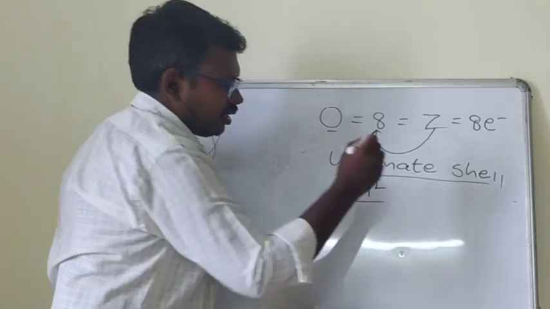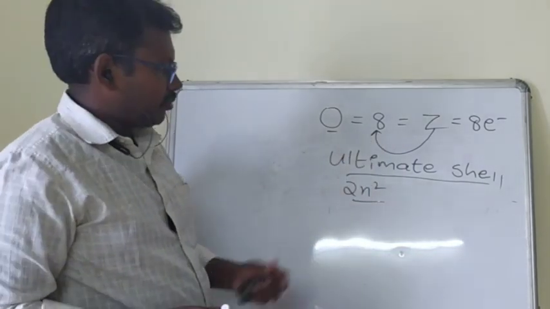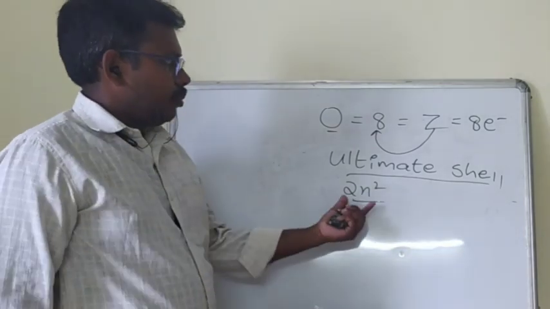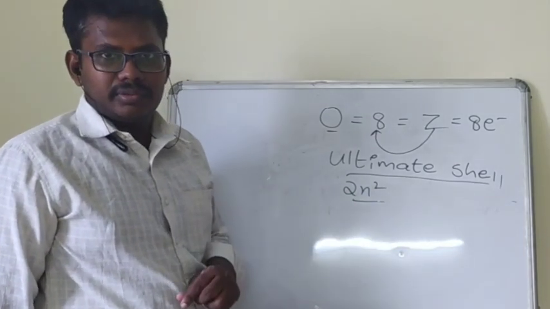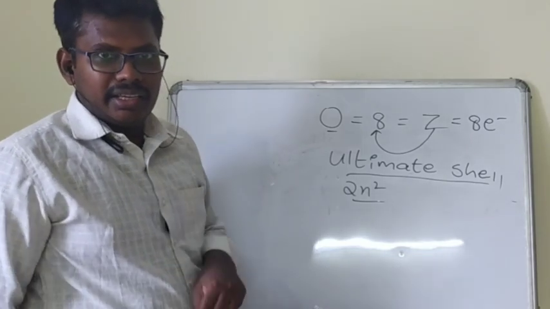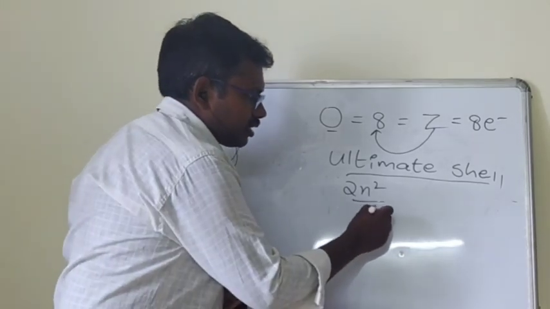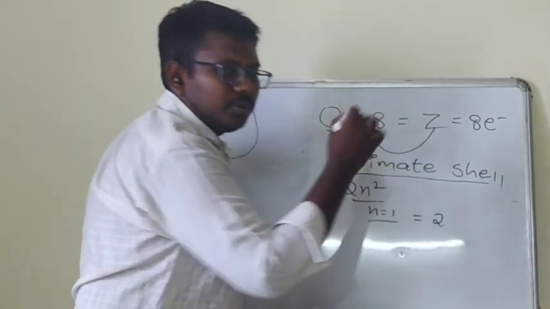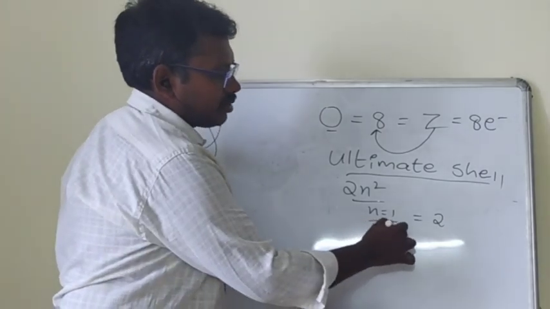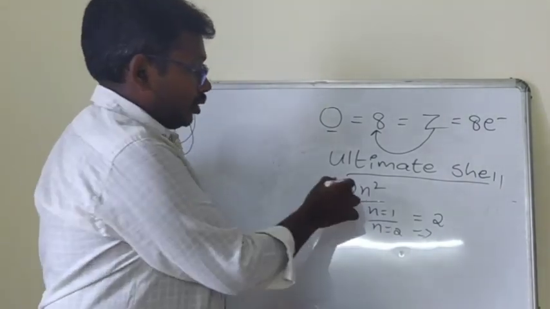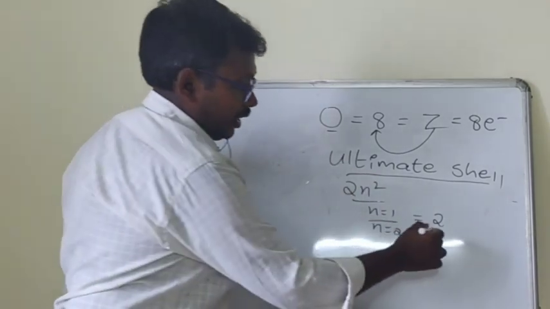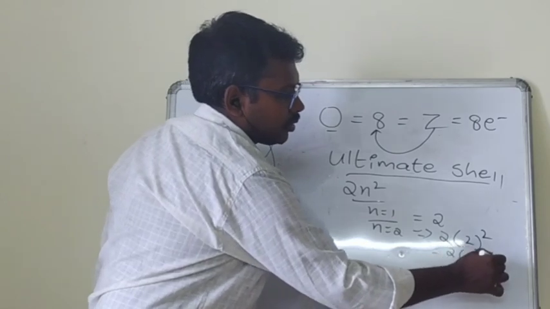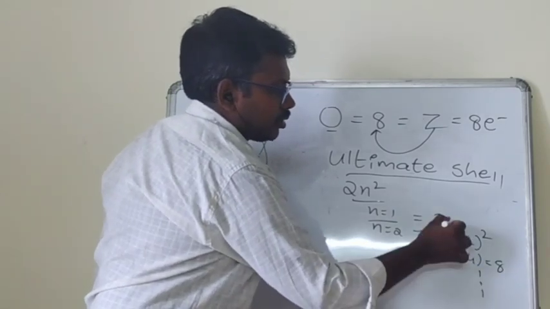2n square. What is the formula? 2n square. Before going to this, if you substitute n value 1 in 2n square, I will get the answer 2. If n value is 2, what is the answer? 2 into 2 square, that is 8, and so on.